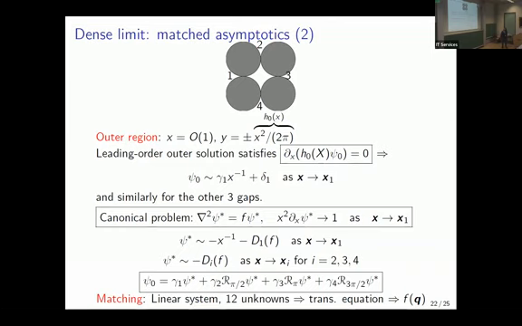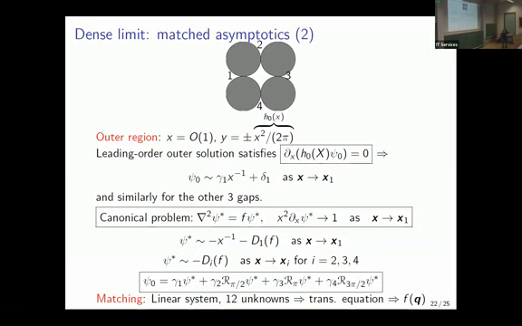And so you end up with a linear system, 12 equations, 12 unknowns, which you need to massage a little bit, and then end up with a transcendental equation that gives you f as a function of q, which is what you need. So the advantage of this canonical problem is that you solve it once and for all. The eigenvalue problem that was the initial problem we were looking at, for each obstacle size, you have to solve it, right?